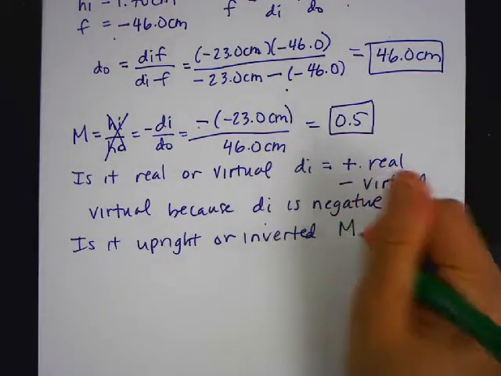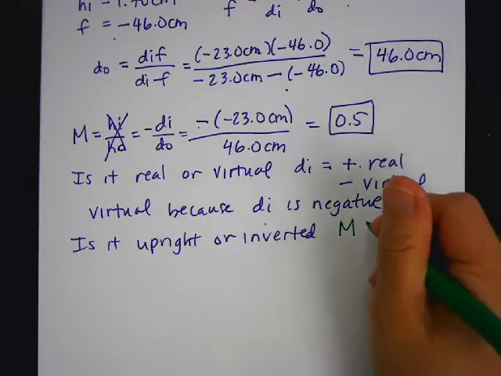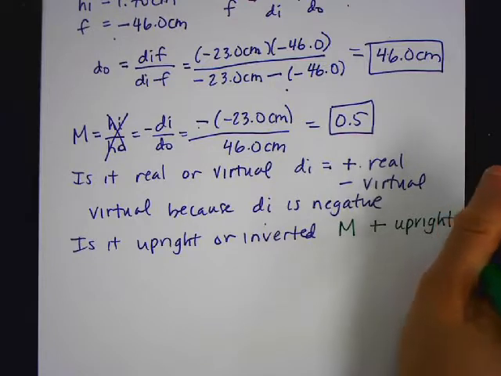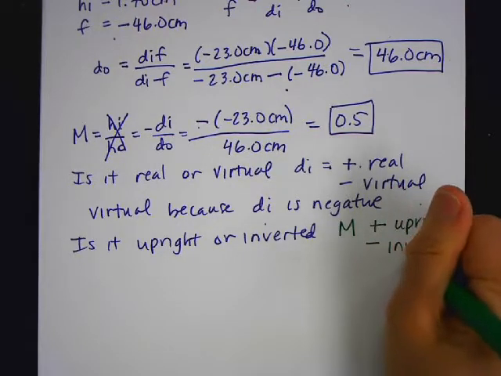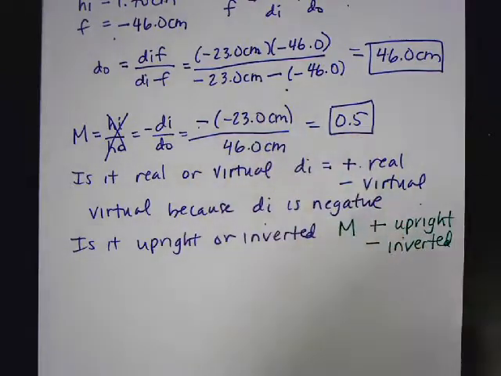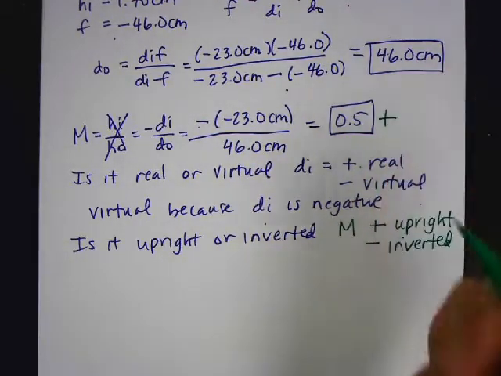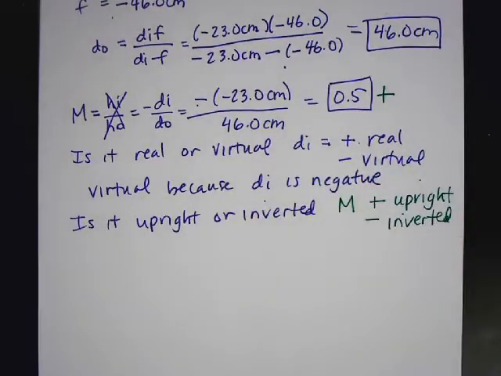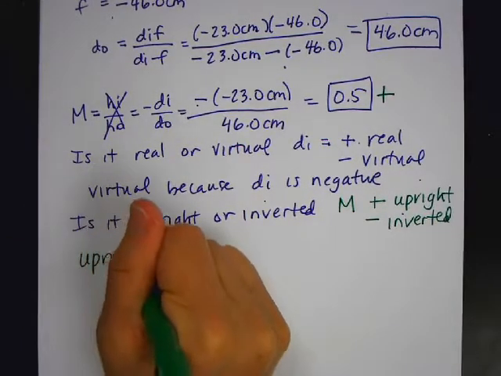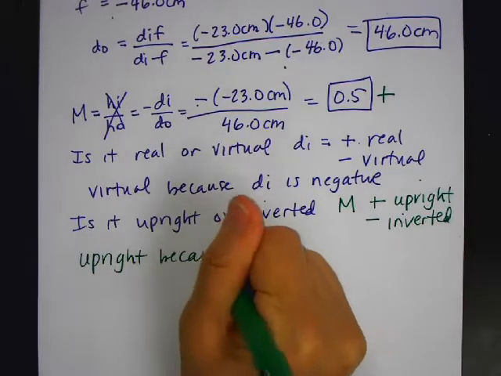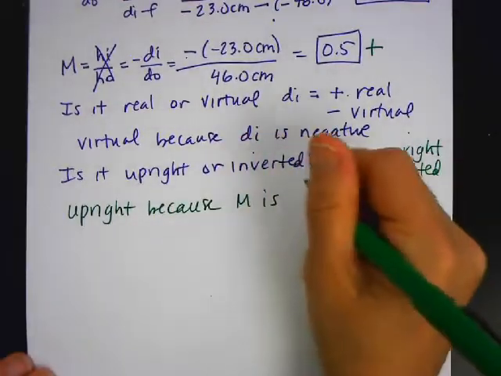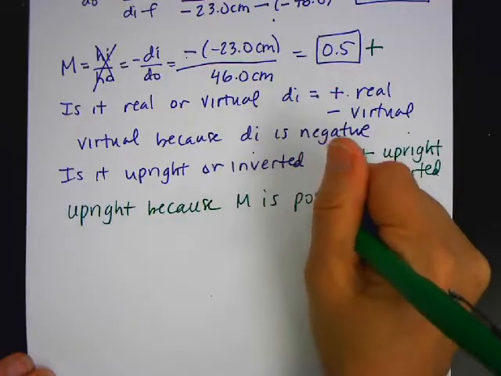It has to do with M. Okay? If M is positive, it's upright. If M is negative, it's inverted. So in this case, M was positive, so then I know that it's upright, because M is positive.